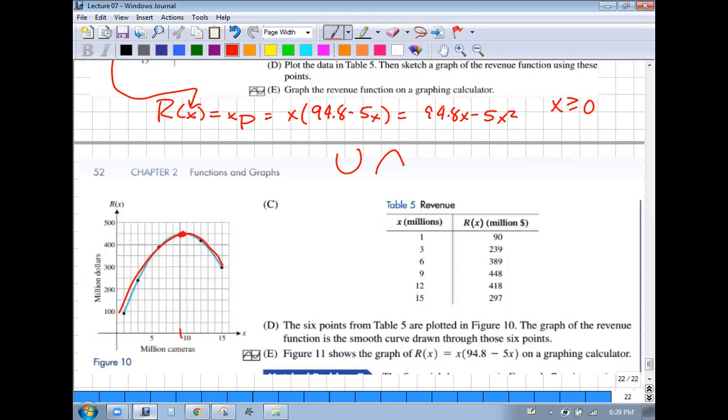Okay. Now, if you couldn't just look, I mean, it's hard to eyeball. If you're talking about millions of cameras and millions of dollars, you want to be like, it's about 9, right? What you'd want is the actual function. We know R of X right here. What we really want to do in your calculus class is find out where the slope of this function is 0, exactly where it's 0, because where the slope is exactly 0, that's where your maximum is going to happen.